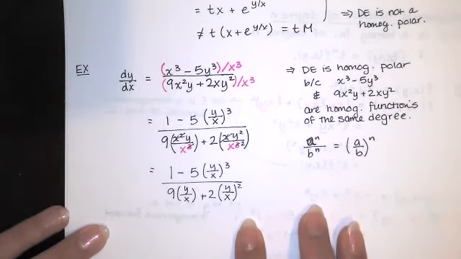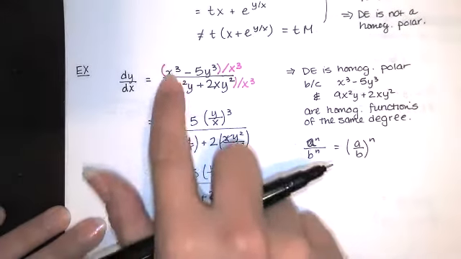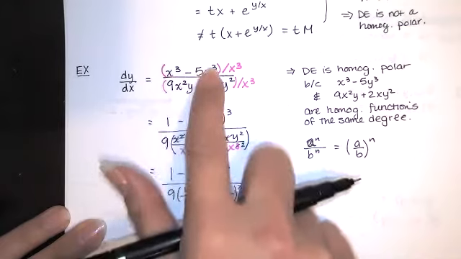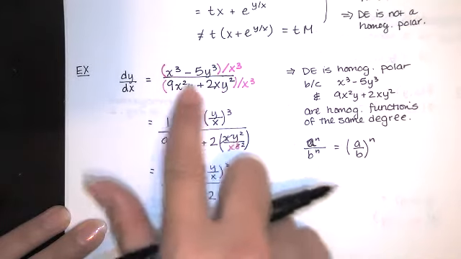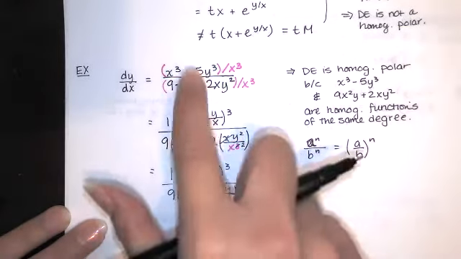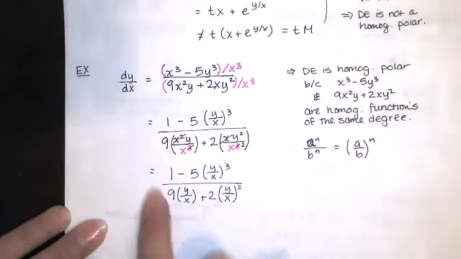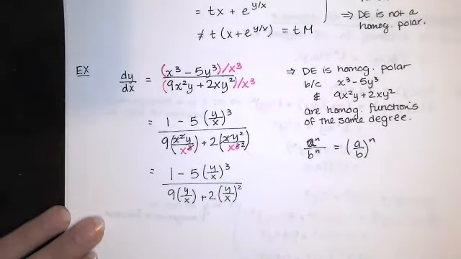Now, I haven't proven it, but I claim that if this is a homogeneous function of a certain degree and this is a homogeneous function of the same degree, you can always write this right-hand side as a function of y over x.